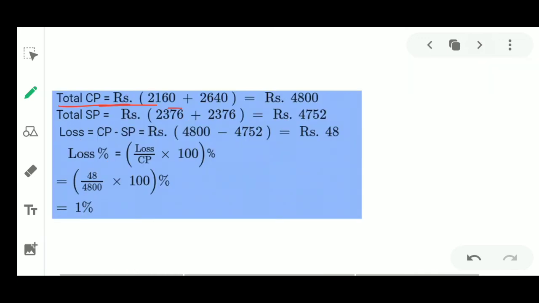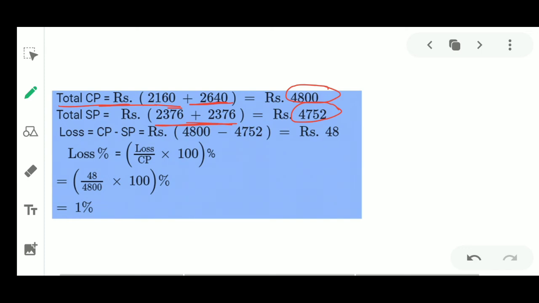So the total CP will be 2160 plus 2640, that is equal to 4800. And the total SP of two cycles is 2376 plus 2376, that is equal to 4752.